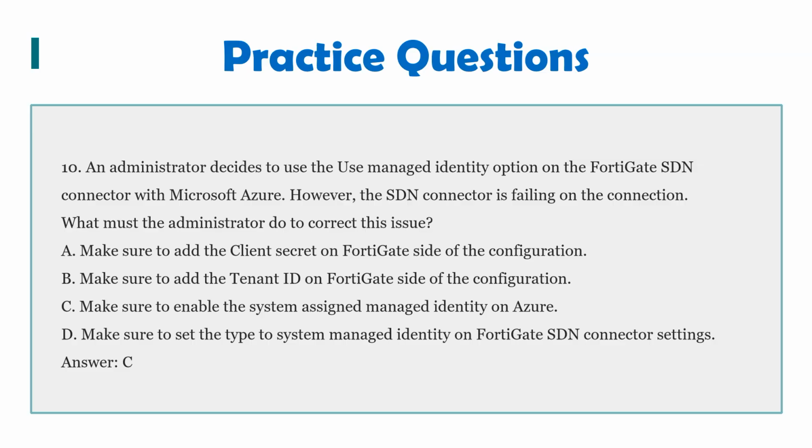B. Make sure to add the tenant ID on FortiGate side of the configuration. C. Make sure to enable the system assigned managed identity on Azure. D. Make sure to set the type to System Managed Identity on FortiGate SDN connector settings.